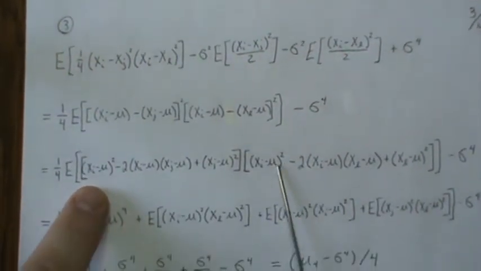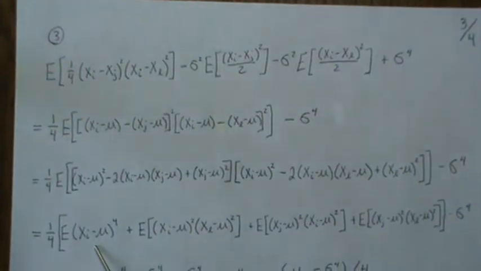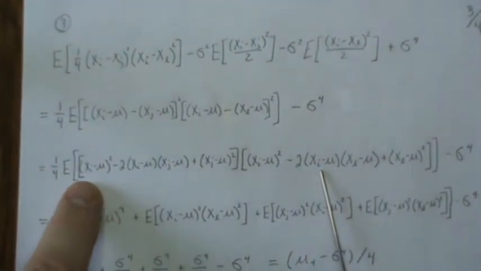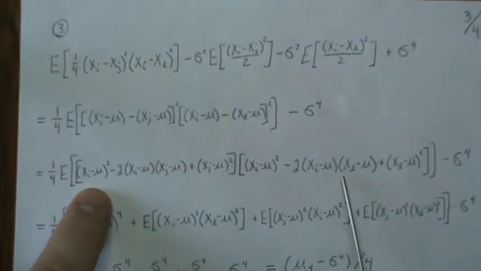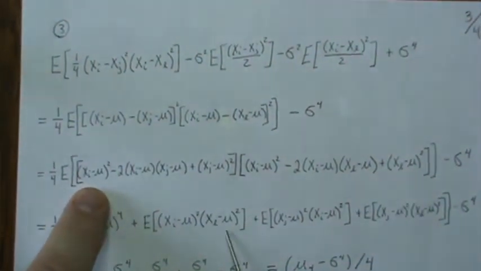So this foiled with this is this piece here. Now this foiled with this, the I's will combine to be a third, but then this is by itself. So when they're independent, you take the expectation, that goes to 0. We're not going to include it. Now this foiled with that is this.